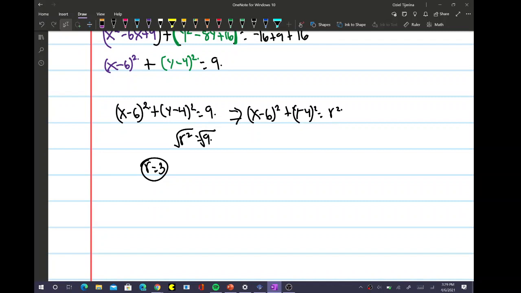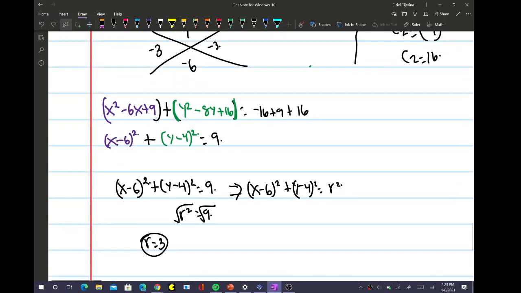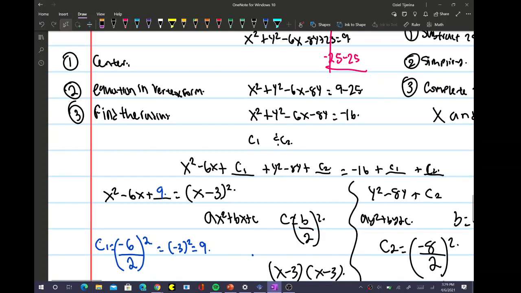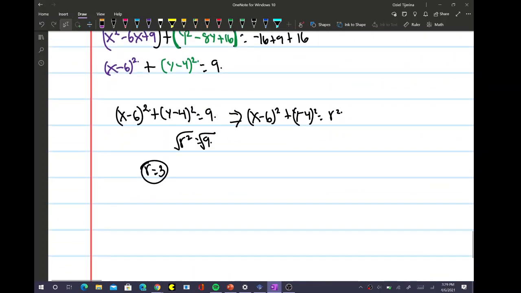So for this one, now we have our equation in vertex form. Our center, if we look here, this is x minus h squared plus y minus k squared equals r squared. h equals 6, k equals 4, and r equals 3, just like we said over here.